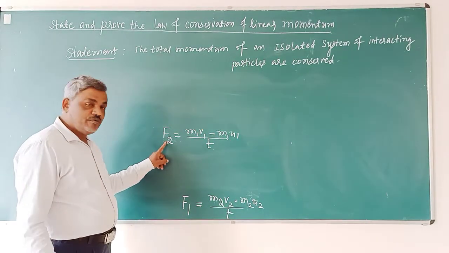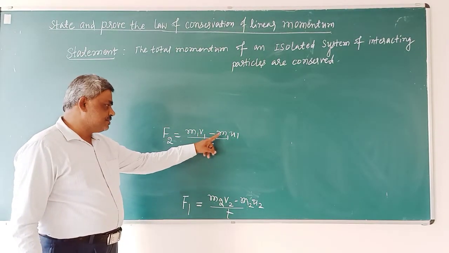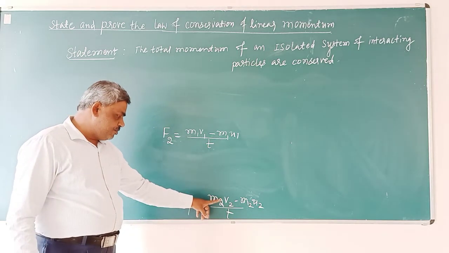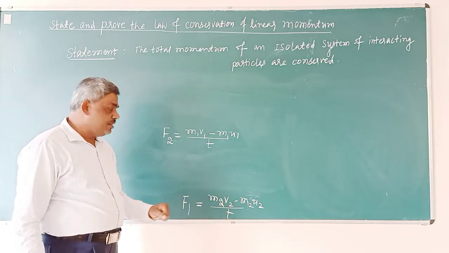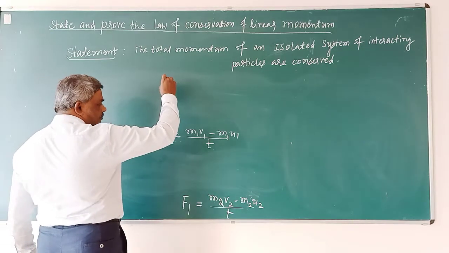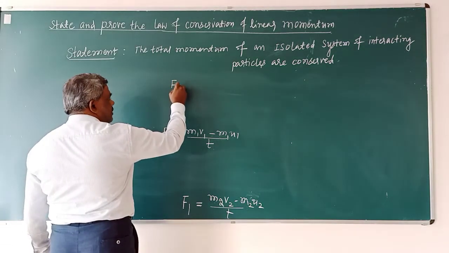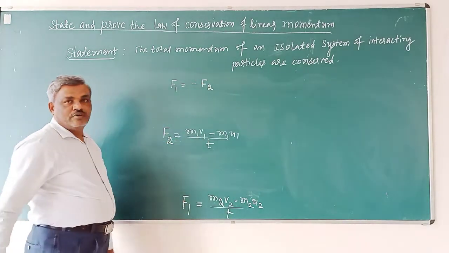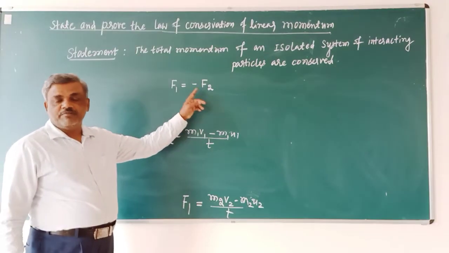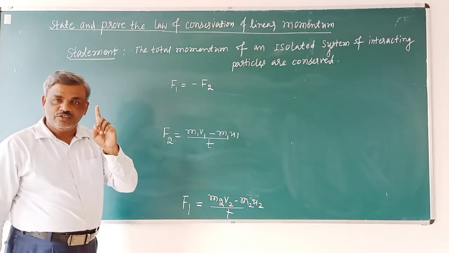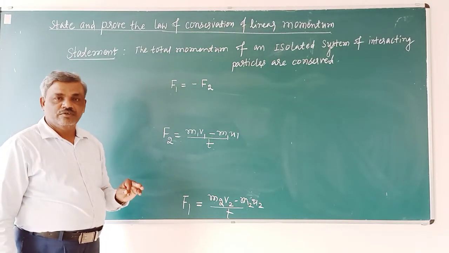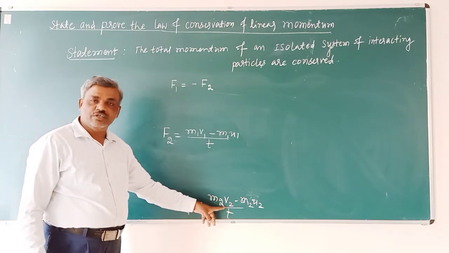Here F2 equals m1 v1 minus m1 u1 by t, and F1 equals m2 v2 minus m2 u2 by t. So now F1 equals minus F2. According to the third law, action and reaction are equal and opposite.